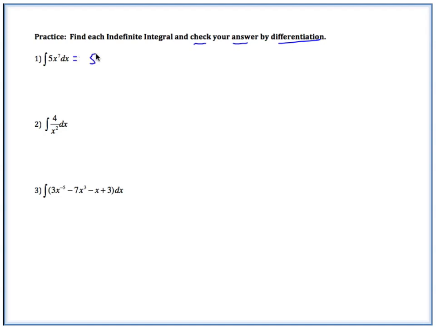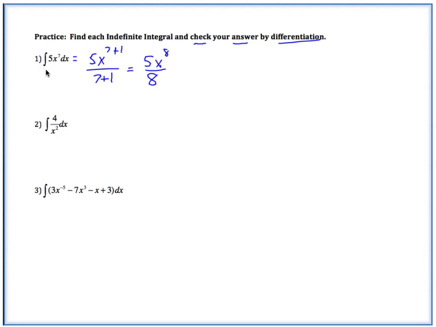So you're going to get 5x to the 7 plus 1. We're not going to write this out every time, but just for this time. And then divided by that 7 plus 1. And so we can see here we're going to get 5x to the 8th over 8. Okay, so pretty simple. 7 plus 1 is 8, and then also divide it by that 8.